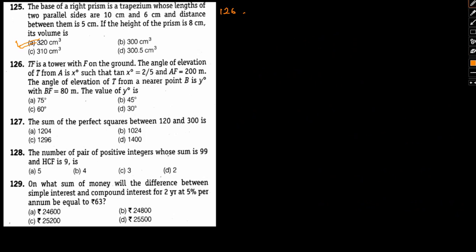So basically what we have over here is T, this is F, F is on the ground, and say this point is A, and we have another point, say B, somewhere over here.